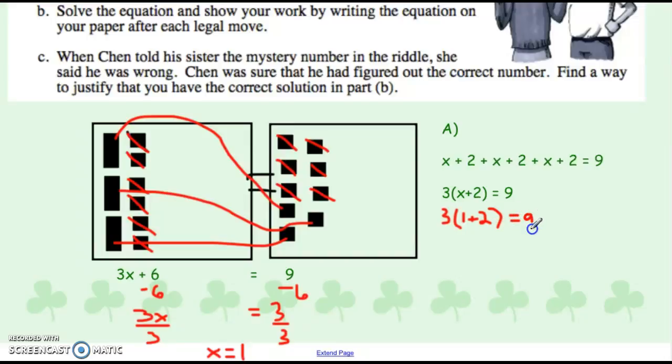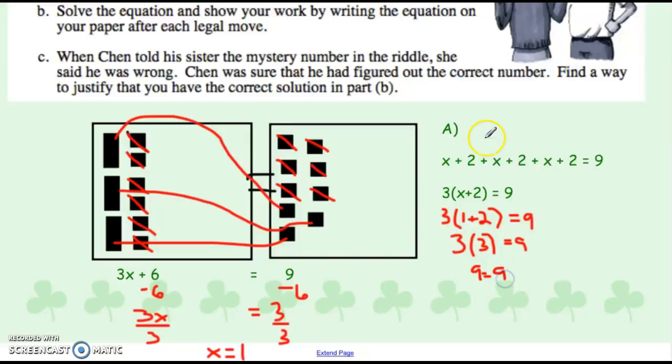Okay, so now if this is true, this side should be equal to 9 also. If I think of order of operations, I need to do the parentheses first, so my 3 will remain, and then I add what's in my parentheses, which is 3, and that should be equal to 9. And you'll see 3 times 3 is 9, equals 9.